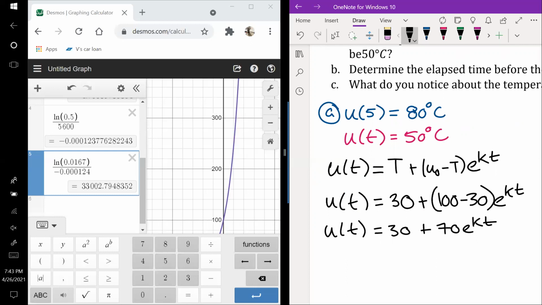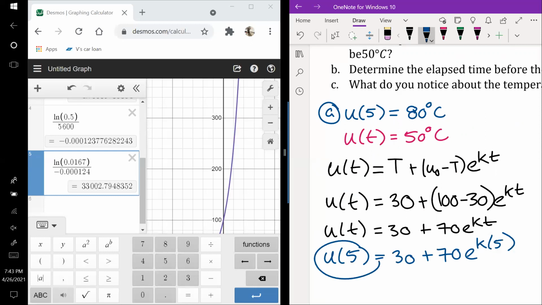Okay. And now we're going to use our clues. We know that after 5 minutes, the ramen is at 80 degrees Celsius. So with the blue clue, U of 5 is going to be equal to 30 plus 70 e to the k times 5.